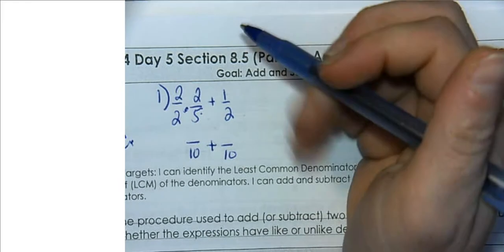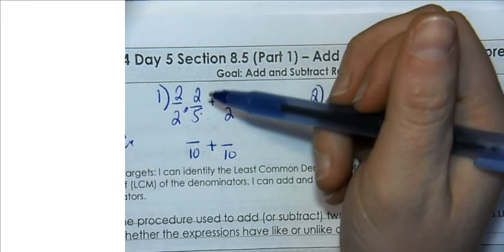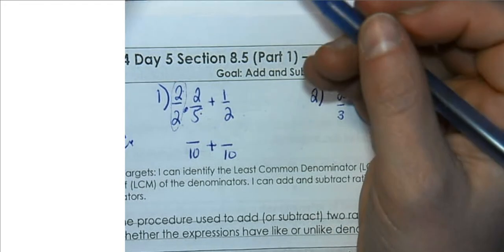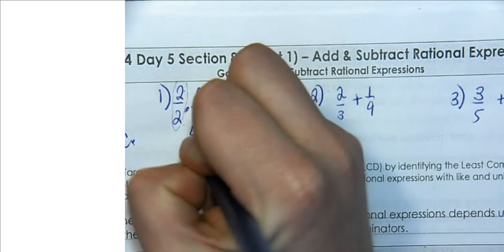But we know that we don't want to change the value of the fraction. We just want to change the look of it. So we're going to multiply both the numerator and the denominator by 2 because technically we're just multiplying this fraction by the number 1, changing its look and not its value. So now we end up with 4/10, which is equivalent to 2/5.